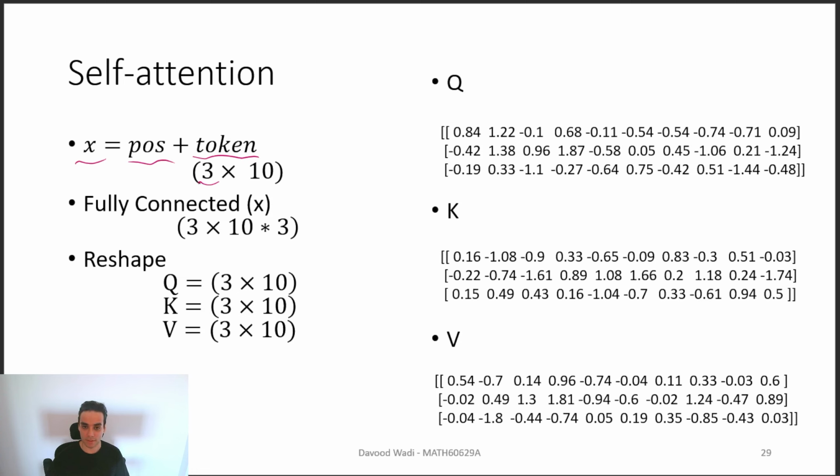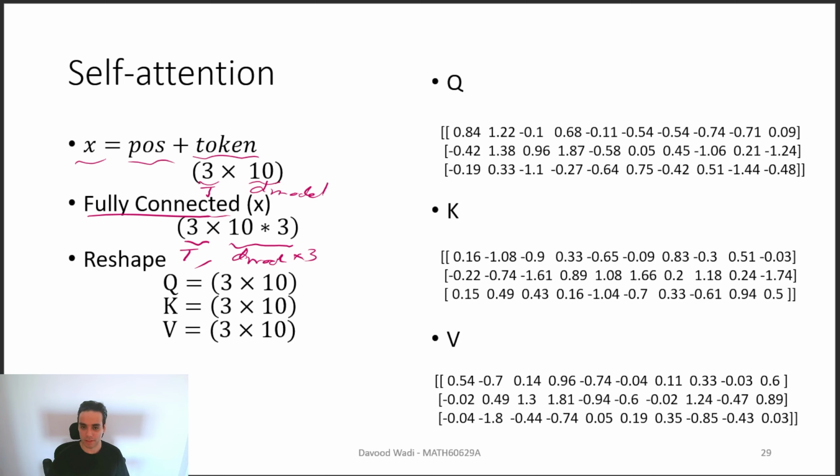In our case, it is a matrix of size 3 by 10, T by D model, and then pass them to a fully connected layer. The shape of this layer would output a T by D model times 3.